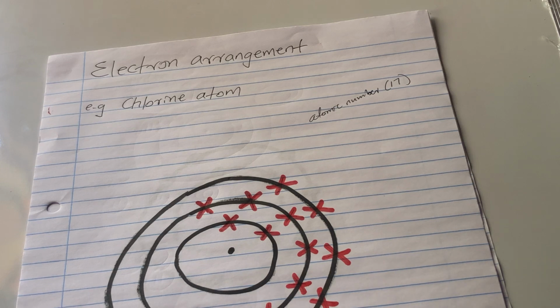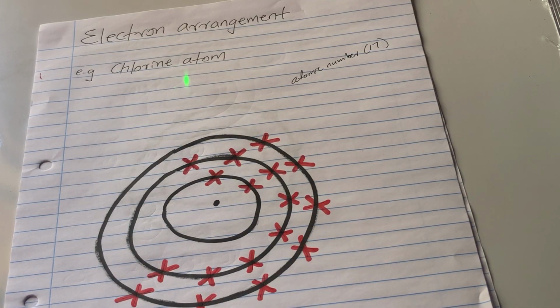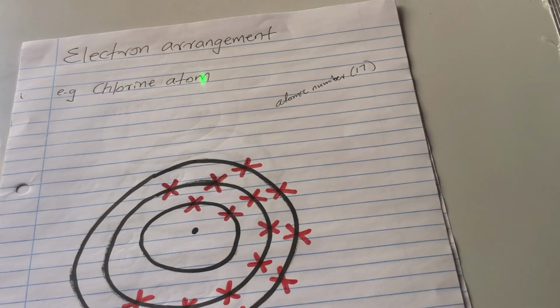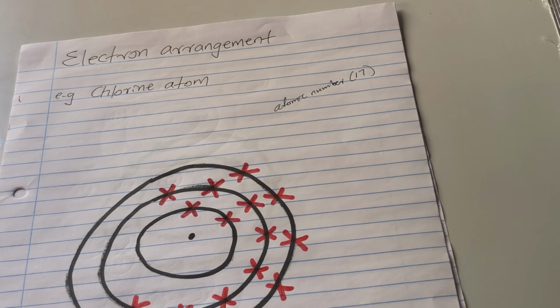The first example that we're going to look at is a chlorine atom. What is it that one must look at before filling the electrons in these shells? You look at the atomic number of chlorine in a periodic table, and the atomic number of chlorine is 17.